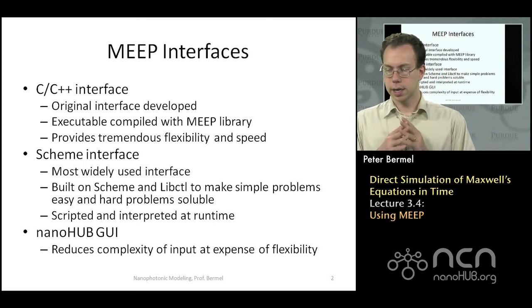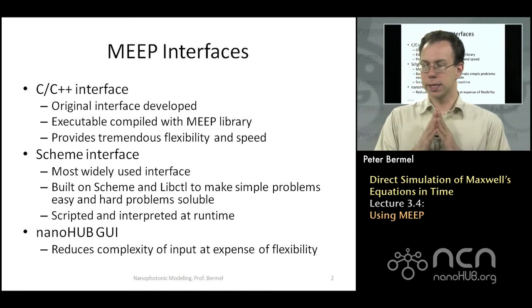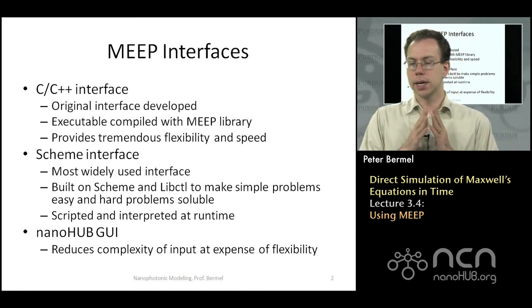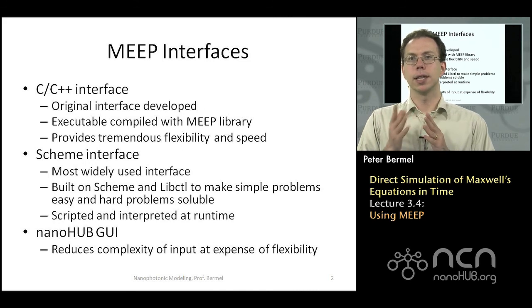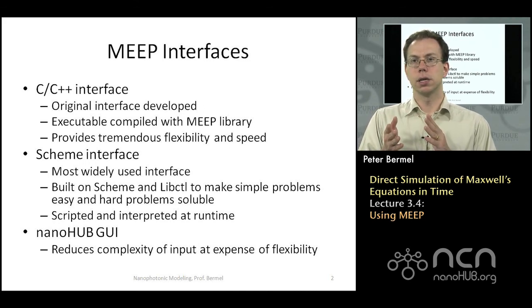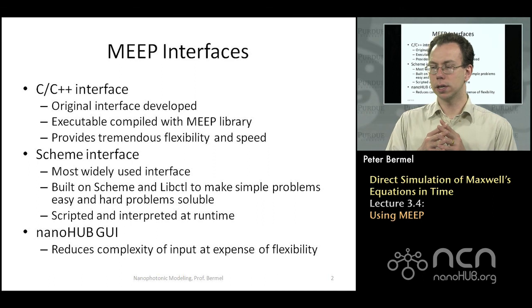So in any case, just to give you a little more detail about each interface, the C++ interface, the way it works is you write code in C++, and then there's a specific MEEP library, and that library will call certain functions or create certain functions that wouldn't otherwise be available to a C or C++ user.